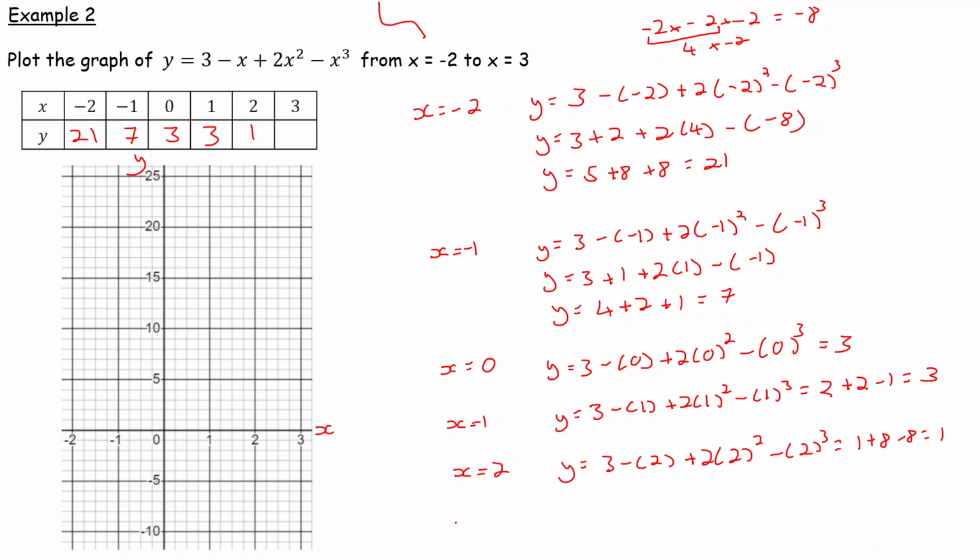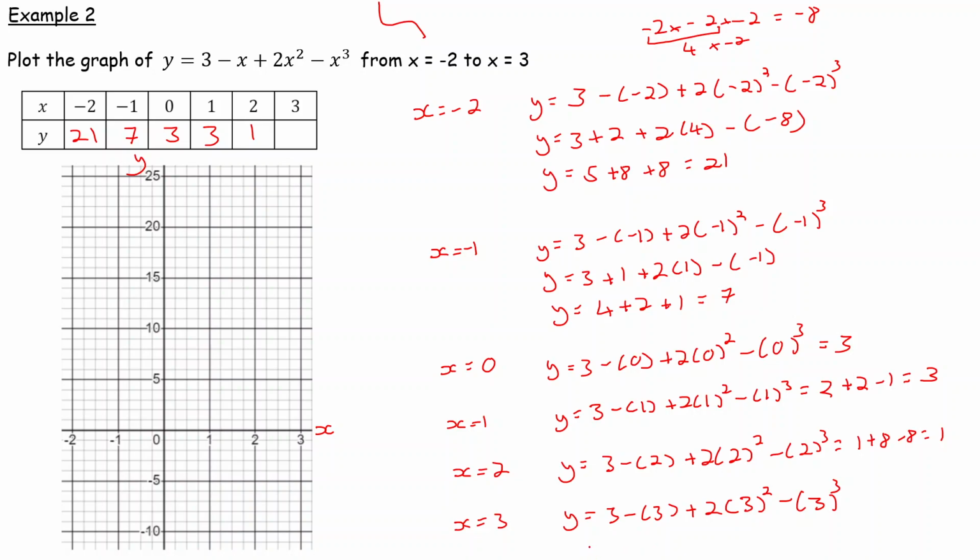Okay, almost there. When x is now 3, I put it into my equation, so 3 take away x, where x is now 3, plus 2 by x squared, where x is equal to 3, so 2 by 3 squared. Take away 3 cubed.